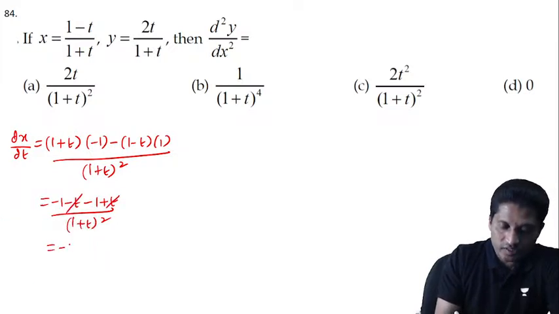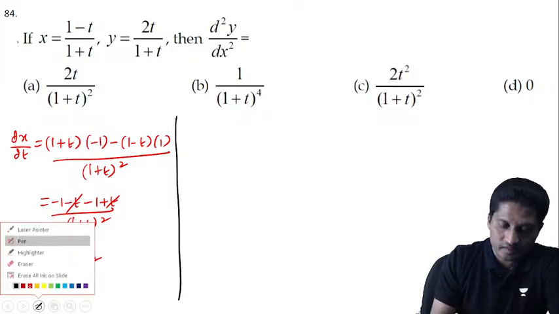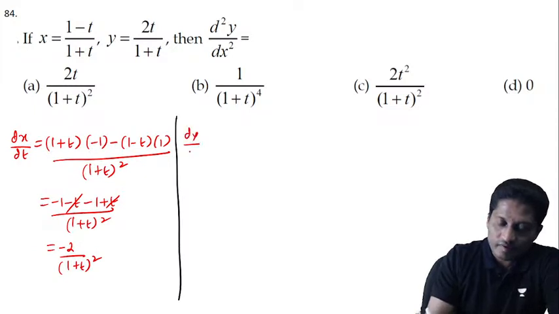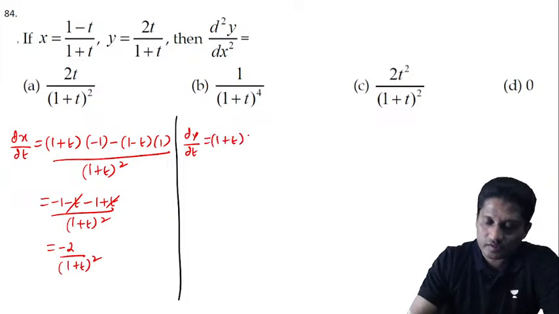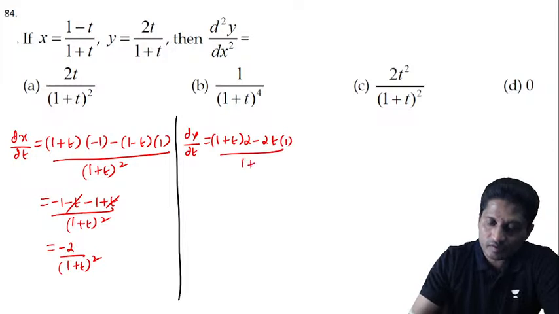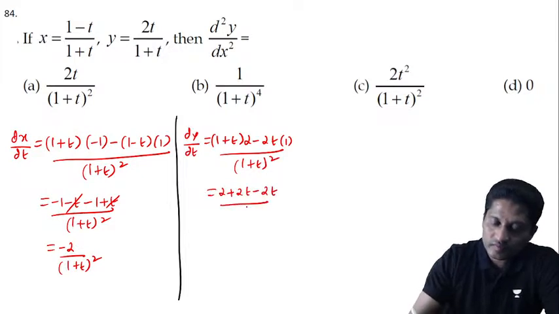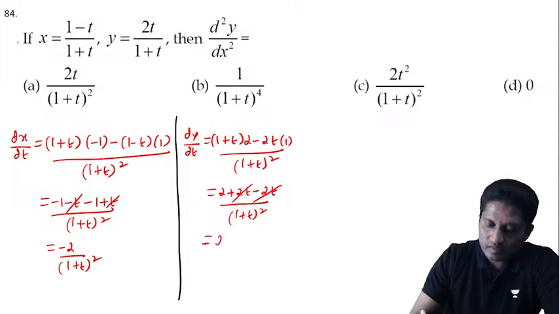You will get this as minus 2 divided by (1 plus t) the whole square. Right, now if I differentiate this, dy by dt is equal to, denominator is 1 plus t, differentiation of numerator is 2, minus numerator, differentiation of denominator, the whole square is (1 plus t) the whole square. 2 plus 2t minus 2t divided by (1 plus t) the whole square. This will cancel. 2 divided by (1 plus t) the whole square.